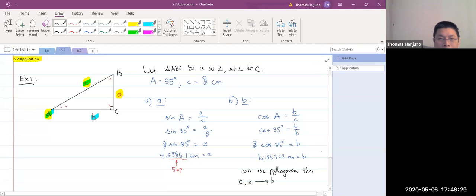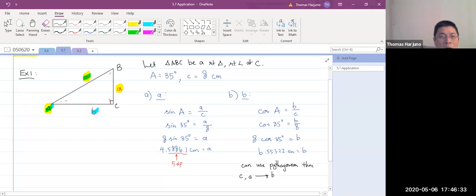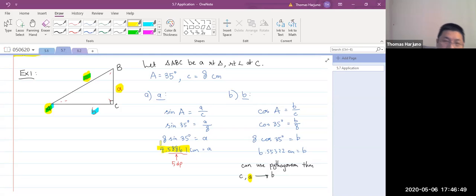Now, the problem with using the Pythagorean Theorem is that the a you use is coming from part A, so you run the risk of compounding rounding error, because your a there is already rounded to 5 decimal places.